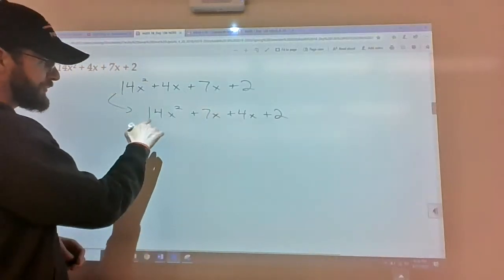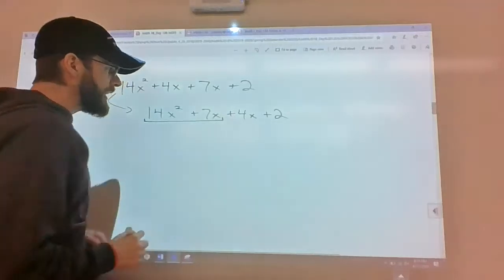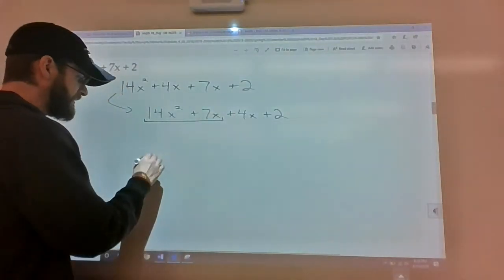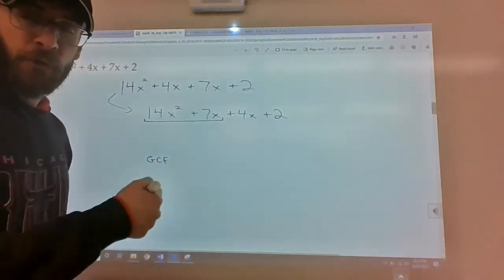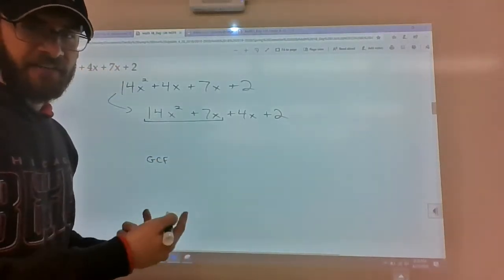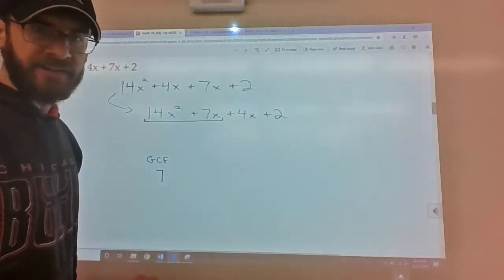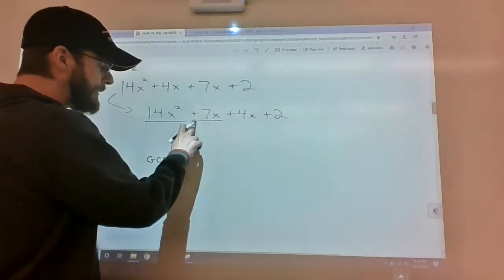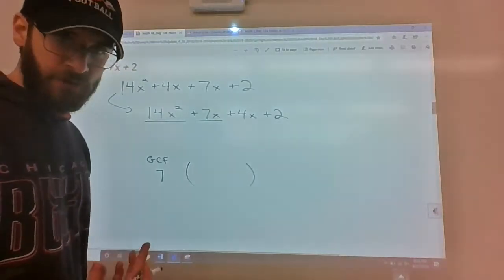So what we do now is we say, let's group these two together, and we ask ourselves, what do they both share? Well, we just talked about how 14 divided by 7 was 2, so 14 divides 7, and 7 divides 7. So 7 is going to be the first component of the greatest common factor. I'm dividing by the greatest common factor to determine what's inside the leftover group.